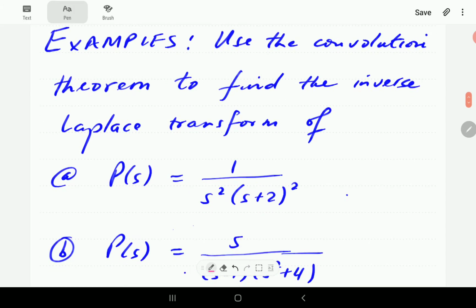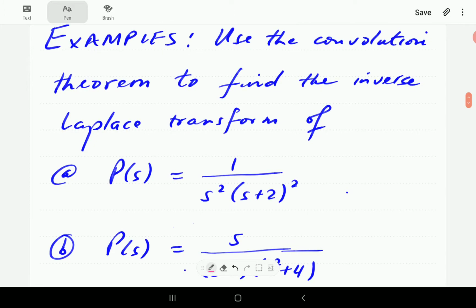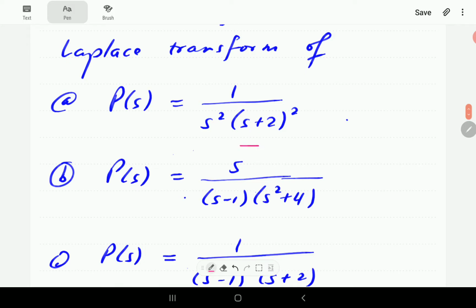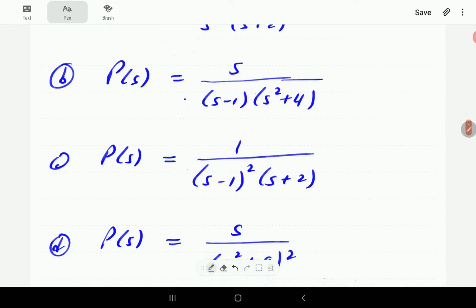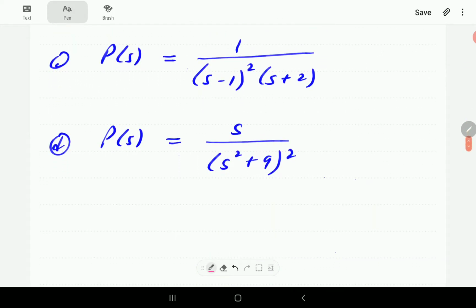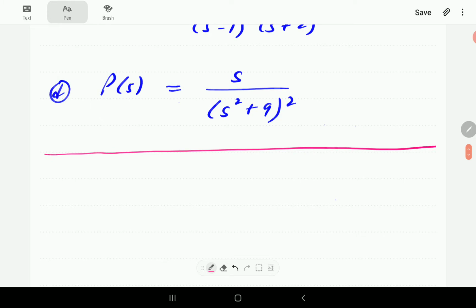So we are now going to use the theorem to find the inverse Laplace transforms of some of these rational functions here. We're going to start with A. Of course, this convolution theorem is going to be used in conjunction with some standard table of Laplace transforms, which we also have here.